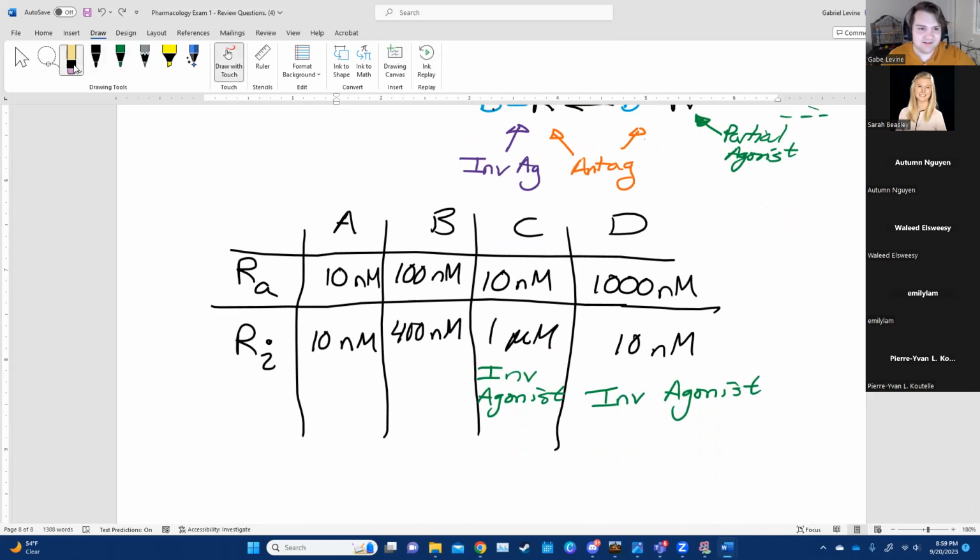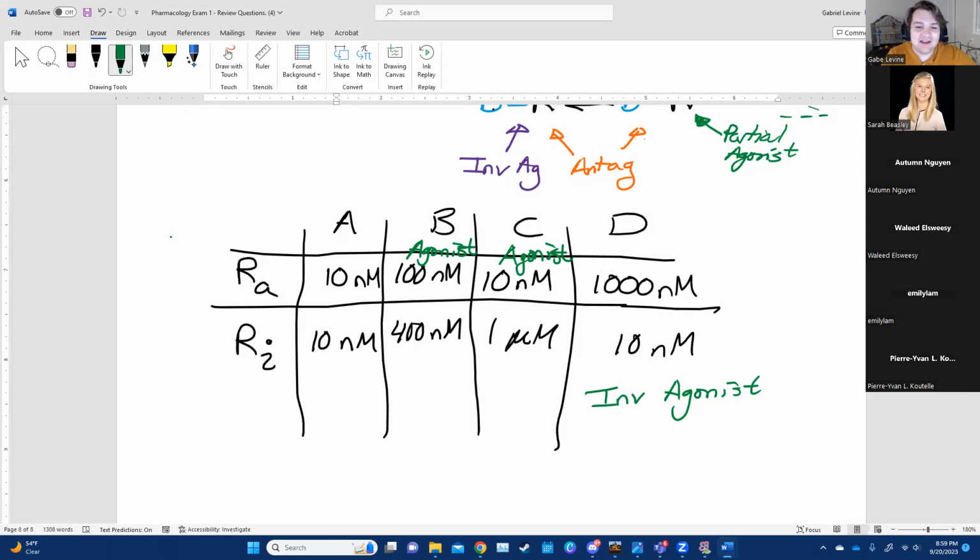Micro's larger. I don't even know my King Henry or chocolate milk or whatever. Same thing here. This has a higher affinity for the active form, so this would be an agonist. Right? Am I crazy? Okay.